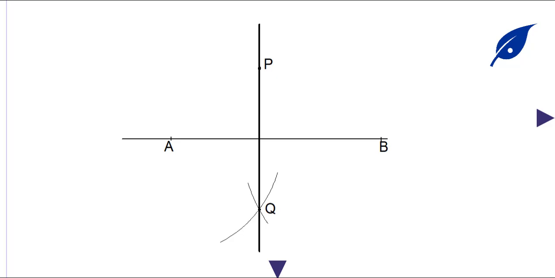So the line PQ is perpendicular to line AB. The distance AP is not the same as BP.